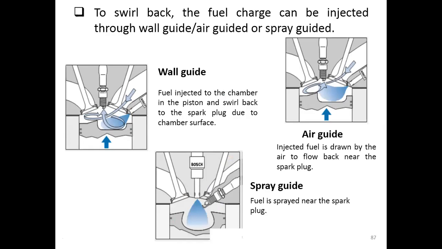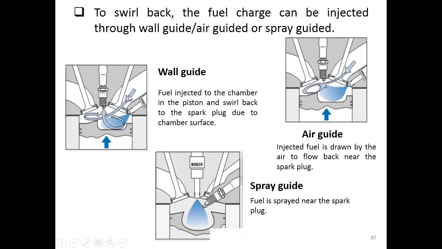It can be done through the wall guide shown in this picture, or the air guide shown in these pictures, or the spray guide. So let's first look at the wall guide. This is the spark plug, this is the valve, intake and exhaust, and this is the injector.